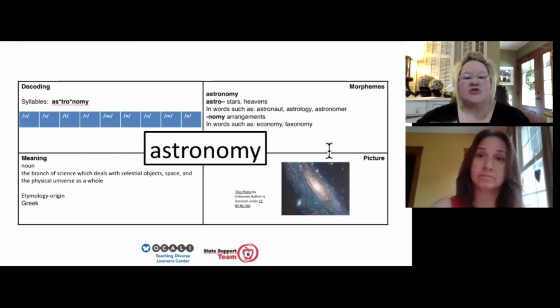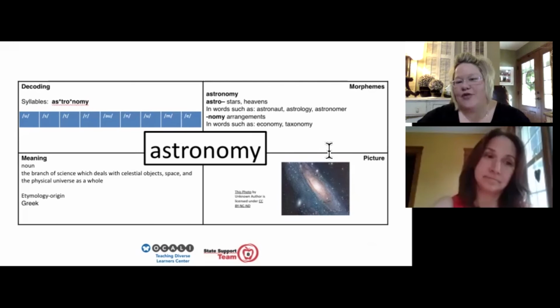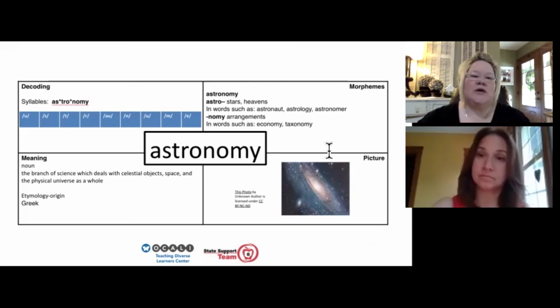And so the astro morpheme has other associations or words that are family related to that astronomy word, with astronaut and astrology and astronomer. And then the ending portion of this word, the morpheme there, also goes into things like, in the nomi, it's the economy and taxonomy. So there are also word families associated with the endings of that word as well.